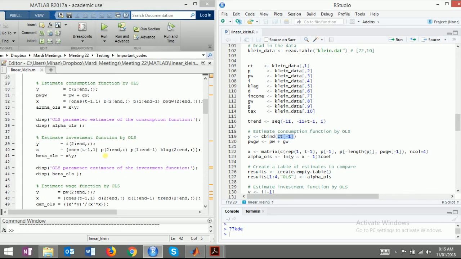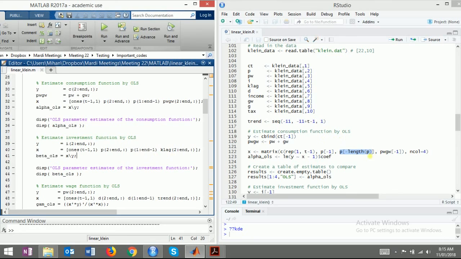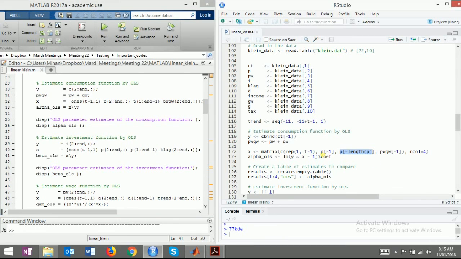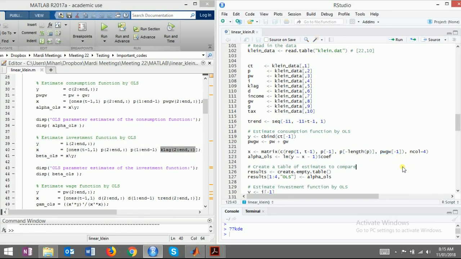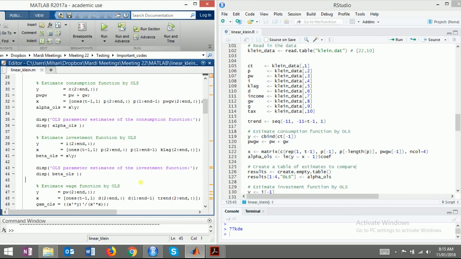X is equal to p 2 to end, p minus 1, that means 2 to end minus length of p, minus 1, n minus 1. If you remove the first row, it is p minus 1. This is column bind, nothing else. If you remove the last row, it is minus length of p. You are removing the first row, so p minus 1. That's all, very simple.